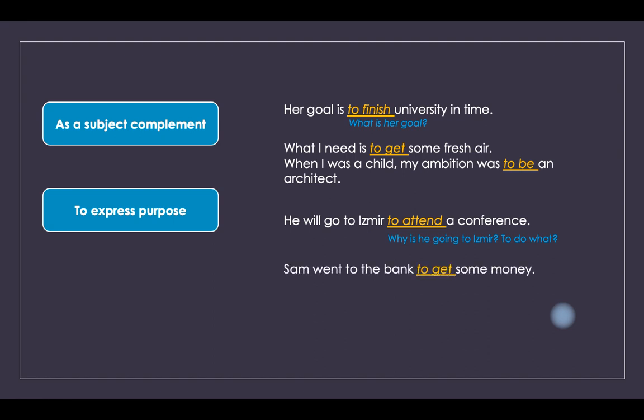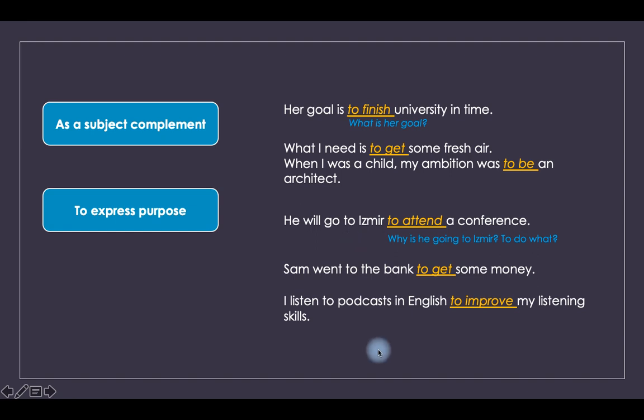Sam went to the bank to get some money. Bankaya para almak için gitti. So that's the purpose, and we use to with purposes. We want to express why we're doing it.